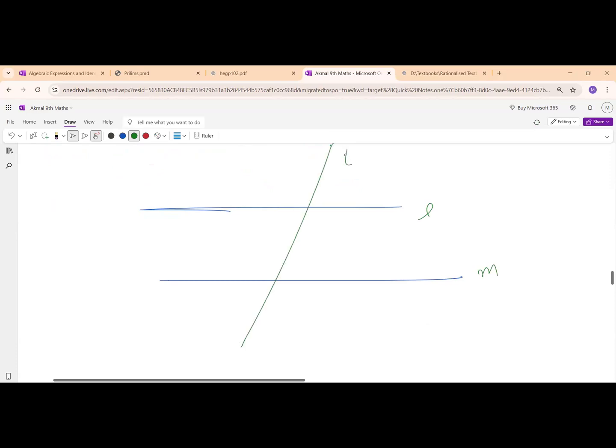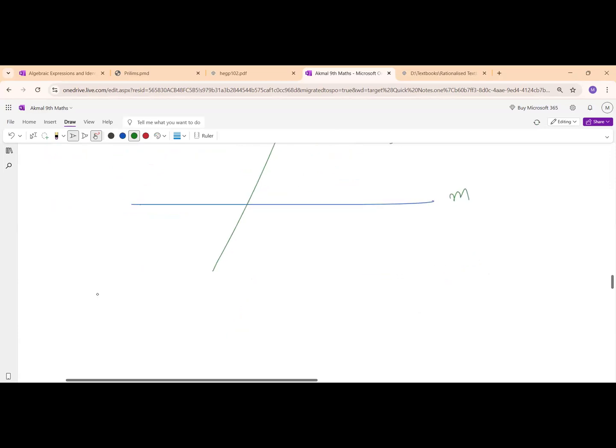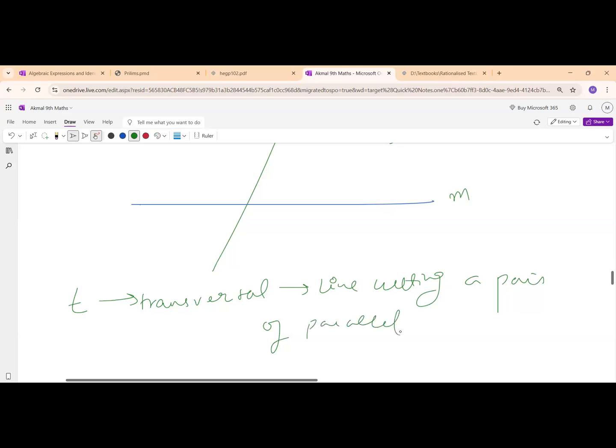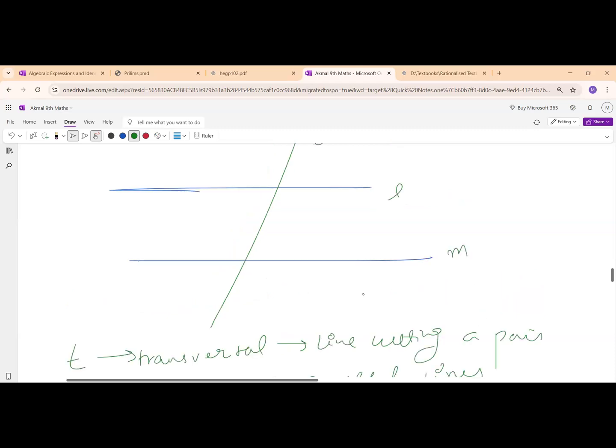This line is represented by T. T is the transversal, and it is the line cutting a pair of parallel lines. So first of all, this is known as the transversal.